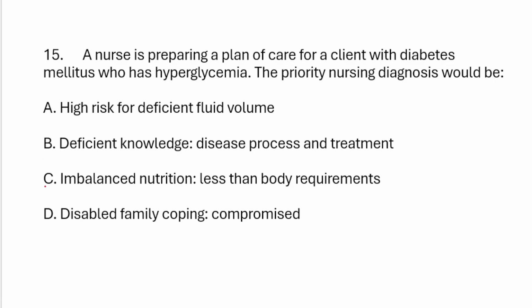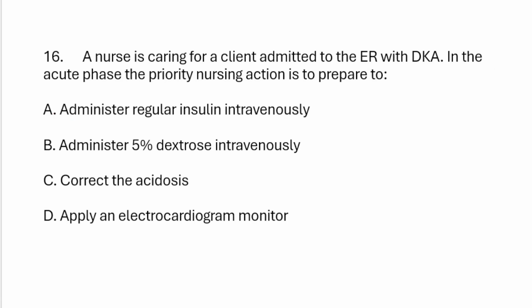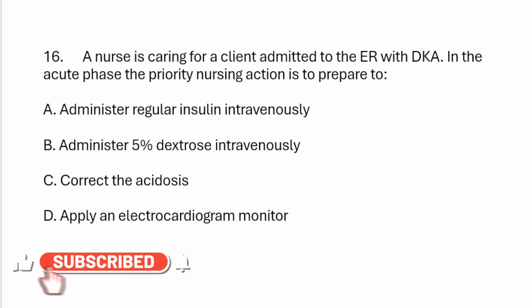C. Imbalanced nutrition, less than body requirement. D. Disabled family coping. So high risk for deficient fluid volume is our main priority diagnosis for this patient, because hyperglycemia patients frequently urinate, so a fluid volume deficit will be present.